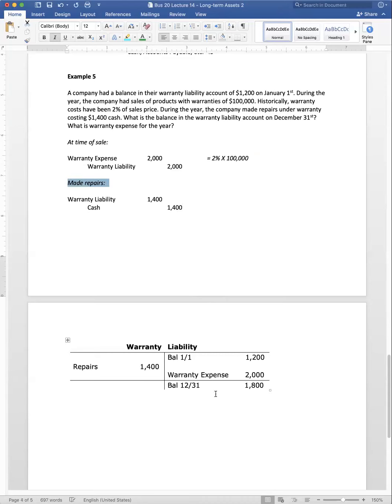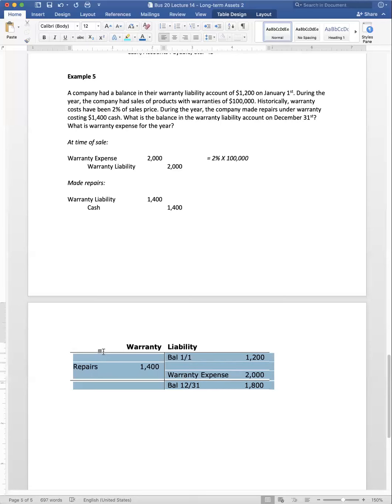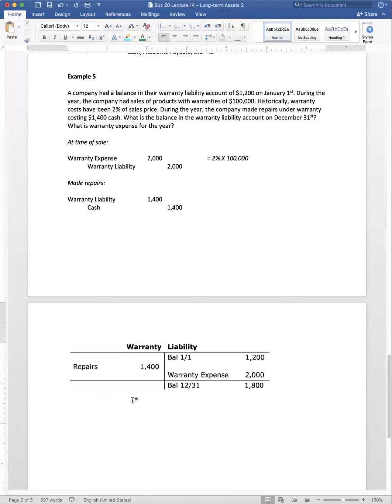Or I can say, hey, what's the balance in the account? Right? Even though you didn't have to technically write the journal entries for this, you did still have to know what's the impact of selling products, what's the impact of making repairs, and then use that to calculate the total. Okay? So all of those are different ways I could ask questions about warranties.